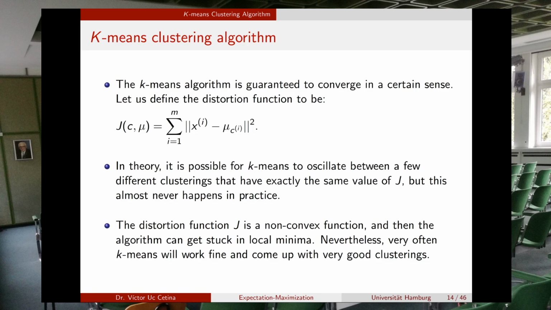But if you are considering points that are in dimension 10 or 20, then you cannot plot them and visually find this structure in the data, if it looks like 3 or 5 clusters. So this distortion function is the only way that you have to compare different solutions.